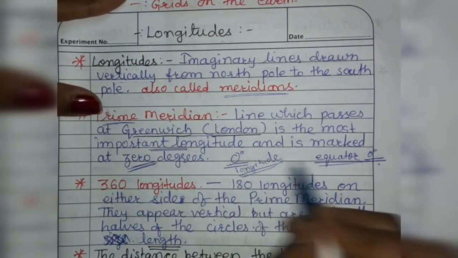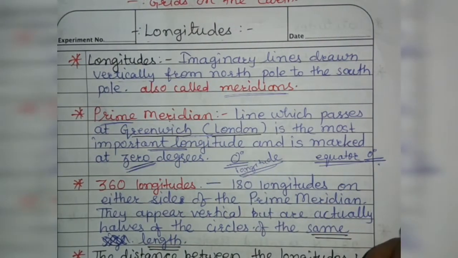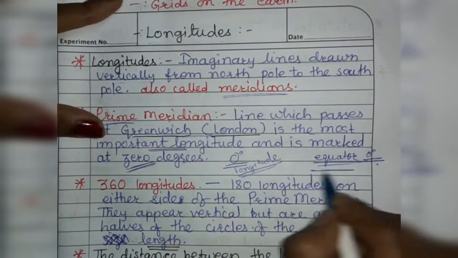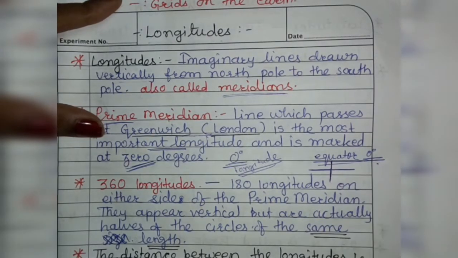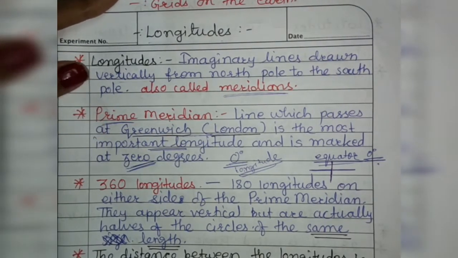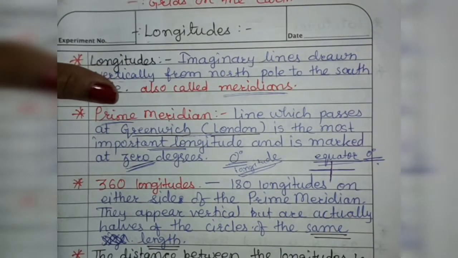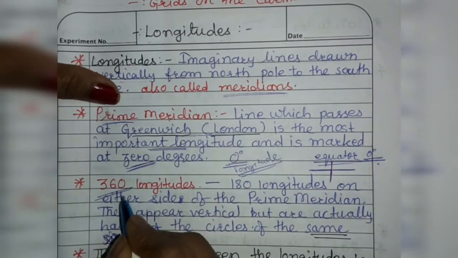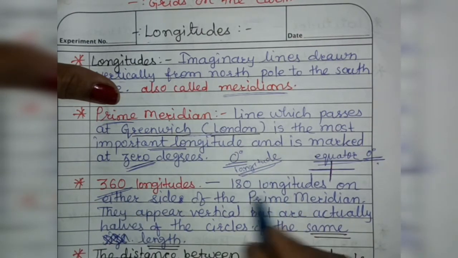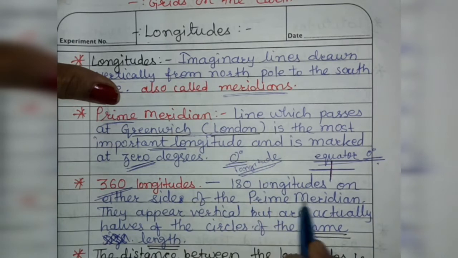The equator is a horizontal line and longitude is a vertical line on the earth. So how many longitudes are there in total? There are 360 longitudes. There are 180 longitudes on either side of the prime meridian.